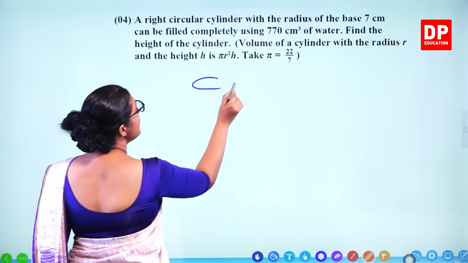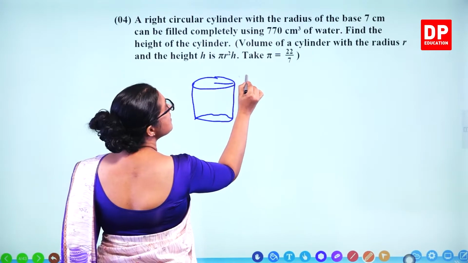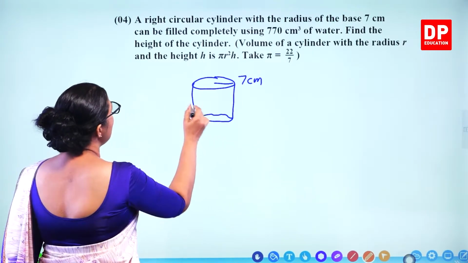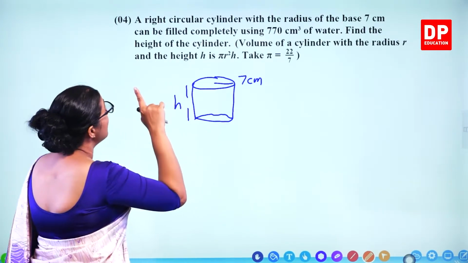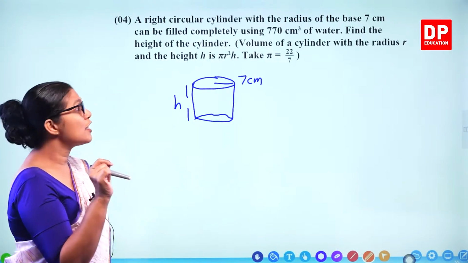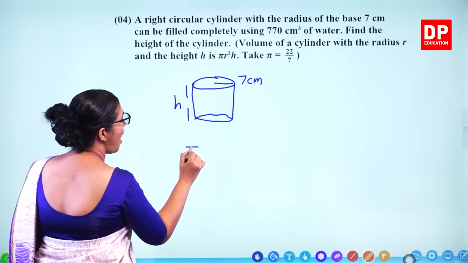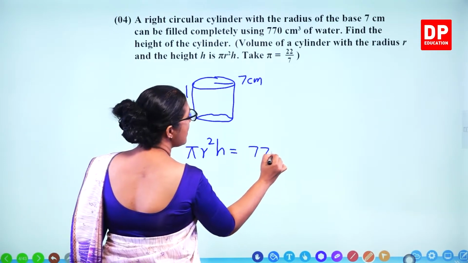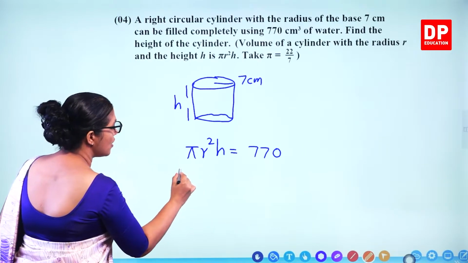So if it's a cylinder with radius 7 centimeters and the height you need to find, we'll put h there. So the capacity is 770 cubic centimeters. So pi r squared h is 770. You need to find h.